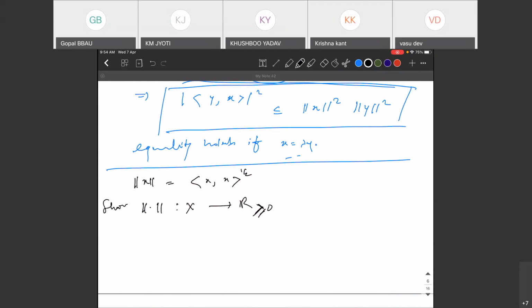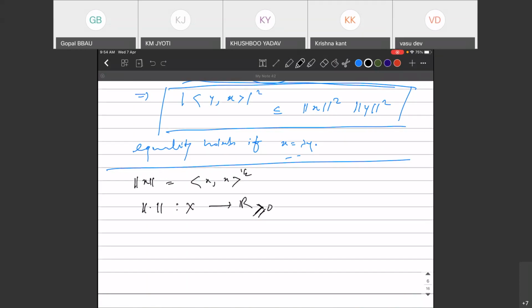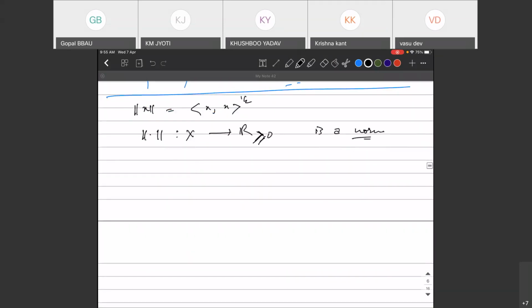For this you have to prove the properties of norms, those conditions. All conditions are easy to see except the triangle inequality. But that is also easy to see, using the Cauchy-Schwarz inequality that we just proved.